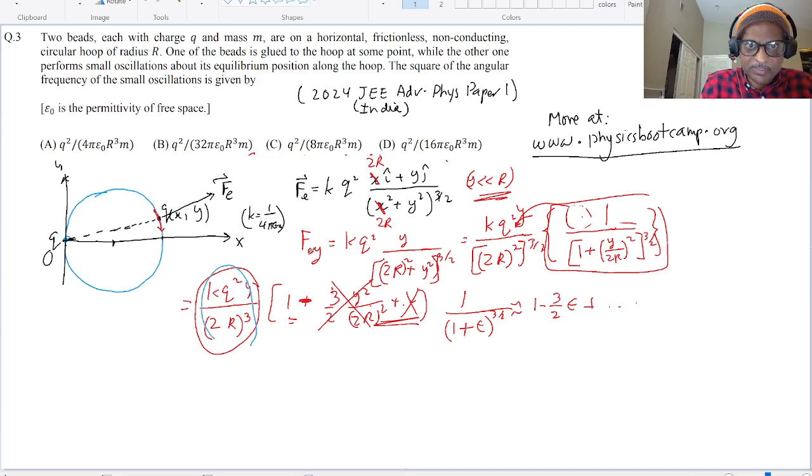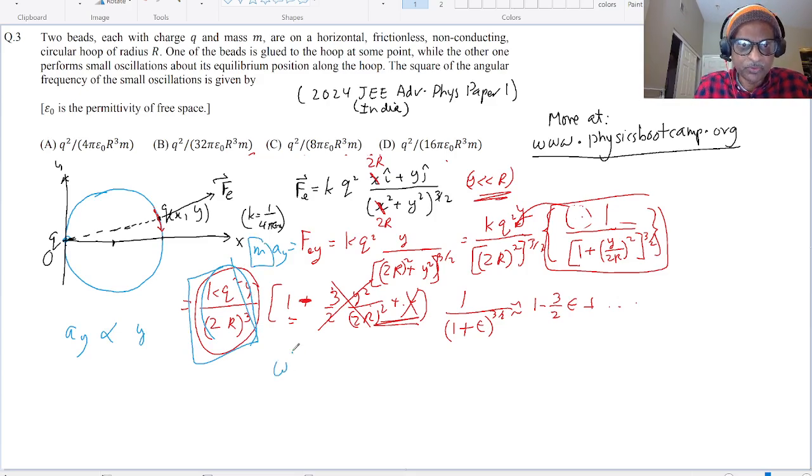So we'll see that mass times acceleration in y is proportional to y, which means this quantity divided by m will be omega square. Omega square will be k q square over 2r cube m.